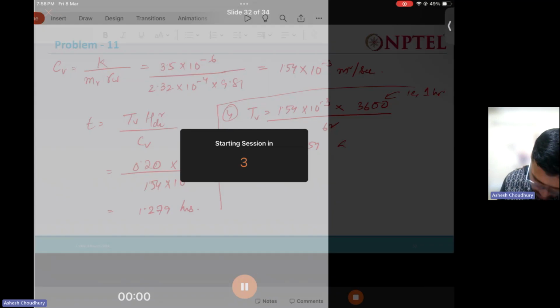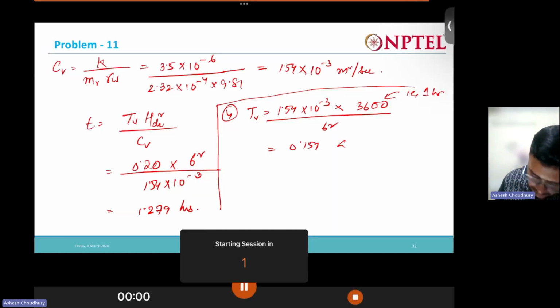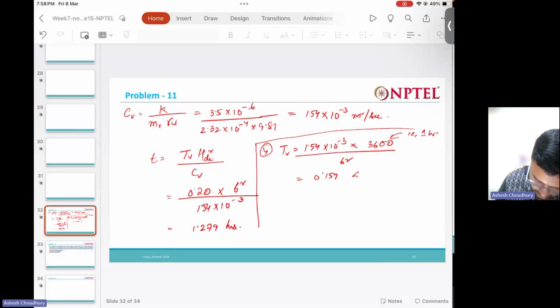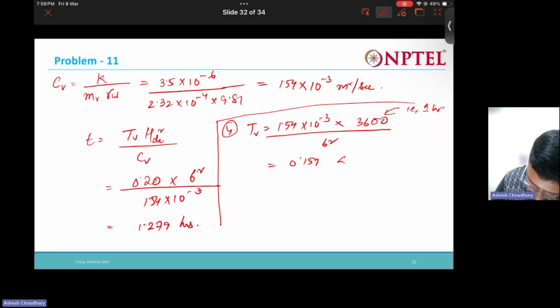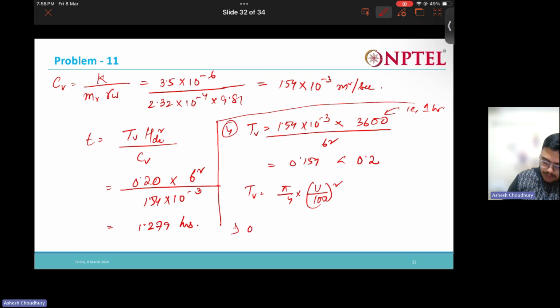Sorry, just give me 1 minute. Yeah, so this is less than 0.2. That means the amount of consolidation is less than 50%. Obviously then it is less than 60%. So we can write from here, if I put all the values, I will get U as 44.28%.